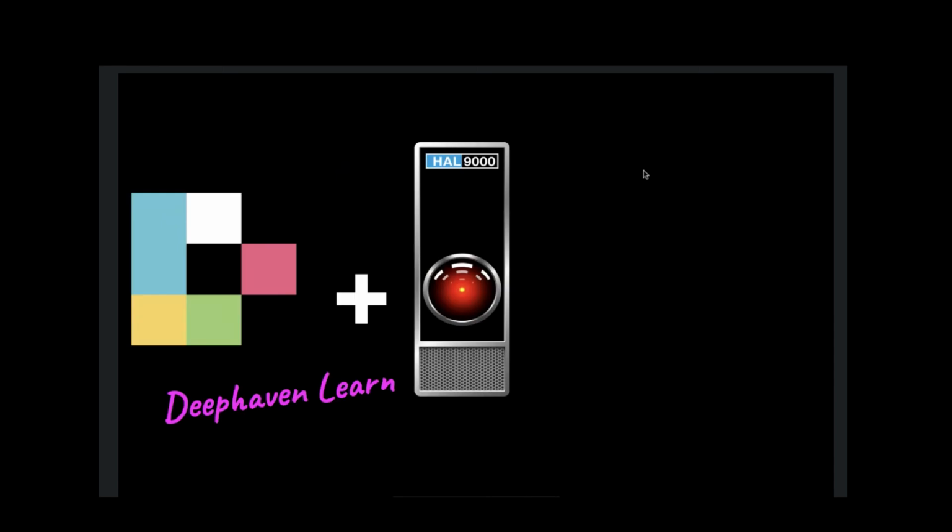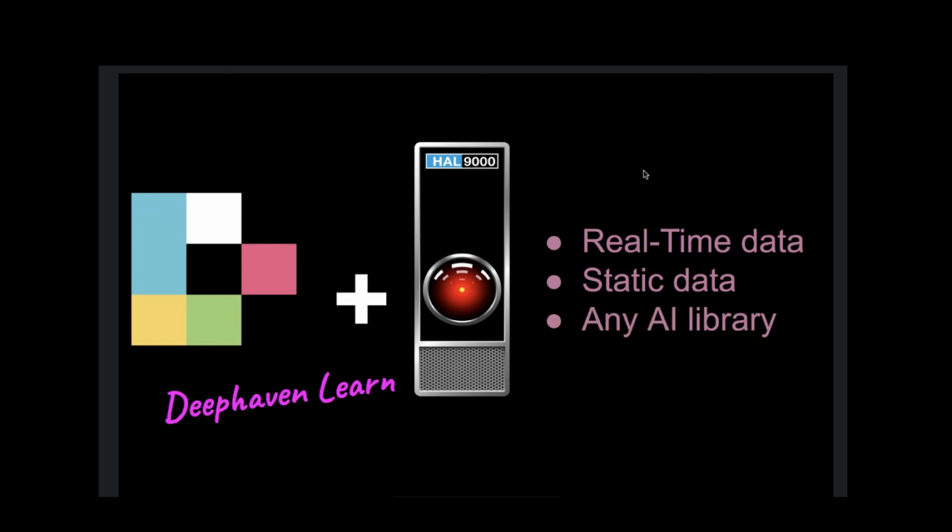So, to summarize, Deephaven Learn is Deephaven plus AI. The way it was designed, it will work both on real-time data and static data without changing your code. All you have to change is the input table. You can make this work with any AI library.